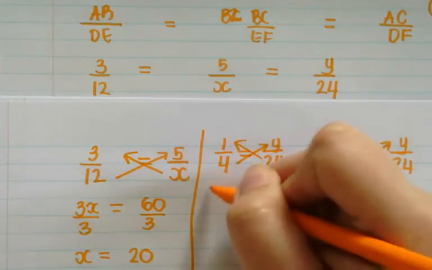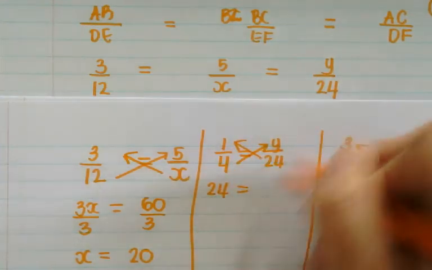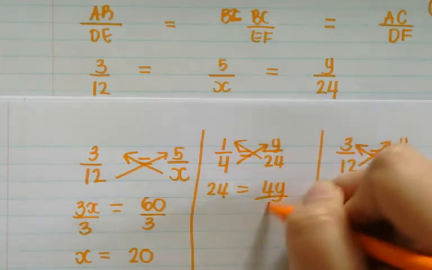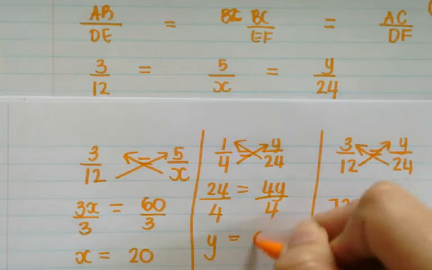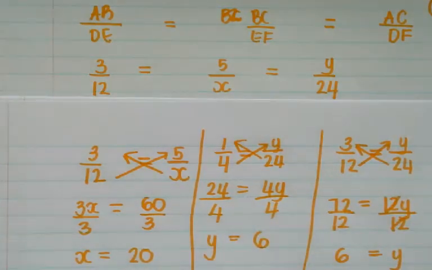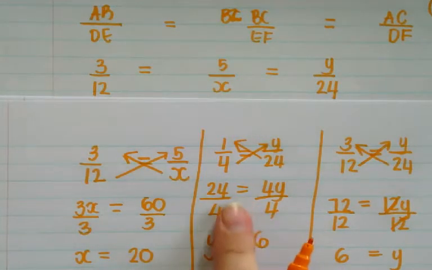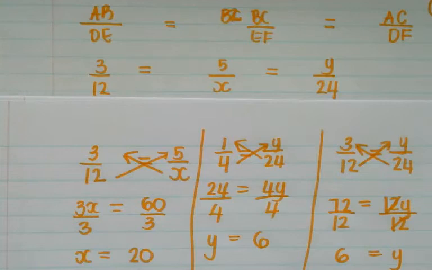So 24 times 1 is 24, and 4 times y is 4y, and then he's dividing by 4. So those are all the steps that he's doing in his head without even realizing it. And it's getting us to the same place. Sometimes simplifying that fraction means a much smaller multiplication, but you will get to the same place.